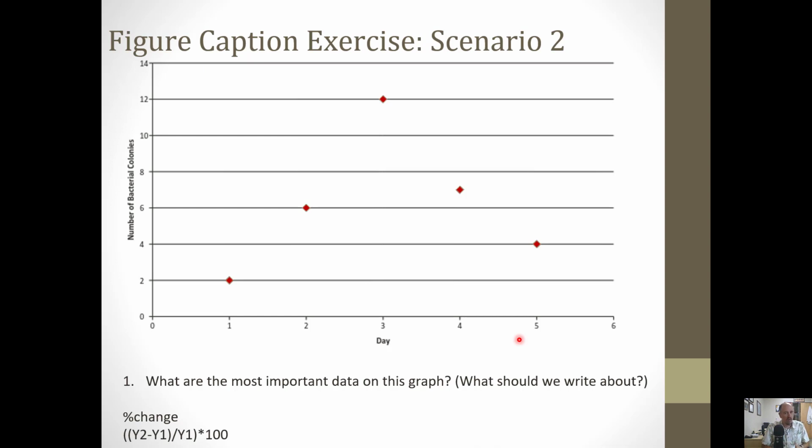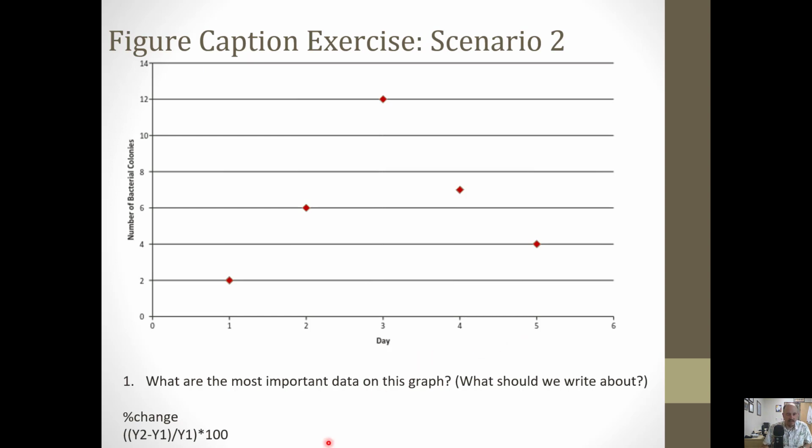For a lot of instructors, if the percent change is greater than 100%, they'll ask you to use fold change in your caption. So check with them to see what exactly they would like to see.